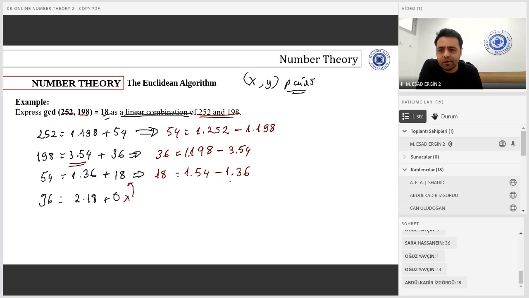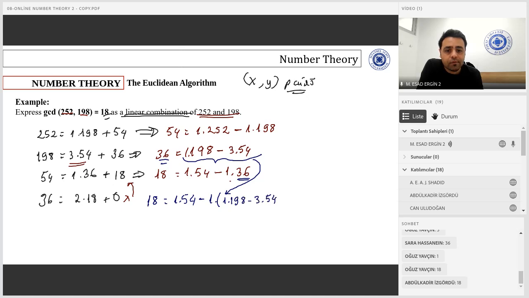I'm going to write here. I'm going to change the color. So it is 18 equals 1 times 54 and minus 1 times 36. But 36 here and 36 here, I am going to rewrite that part as 36, which is 1 times 198 and minus 3 times 54.